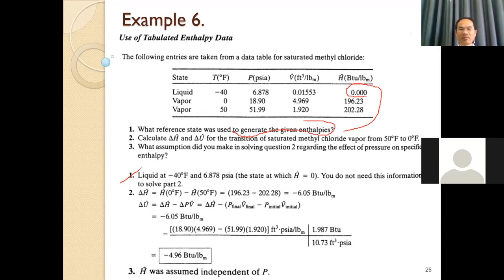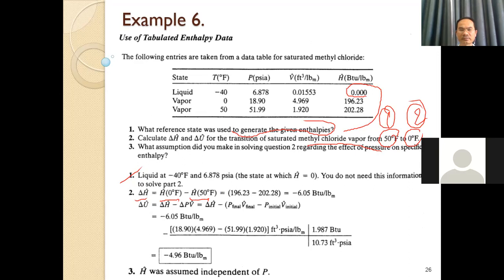The second one: calculate delta S and delta U for the transition of saturated methyl chloride vapor from 50 to 0. Delta S equals S at 0 minus S at 50, that is, entropy at 0 minus entropy at 50.